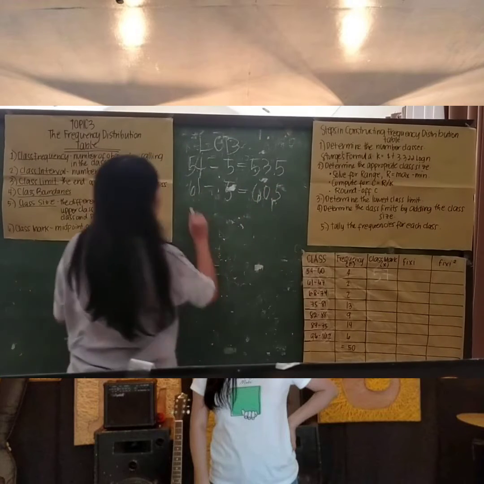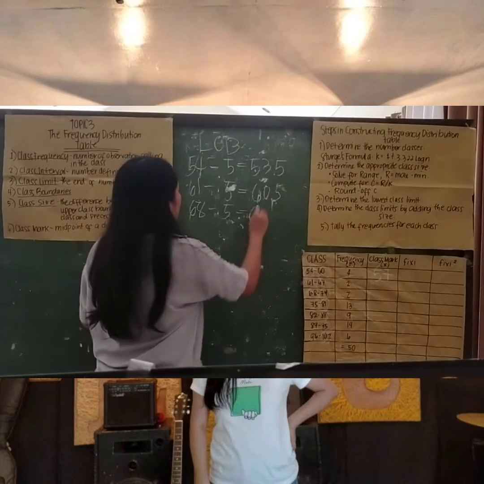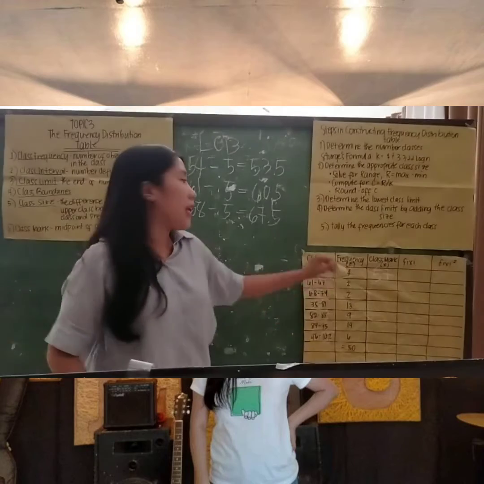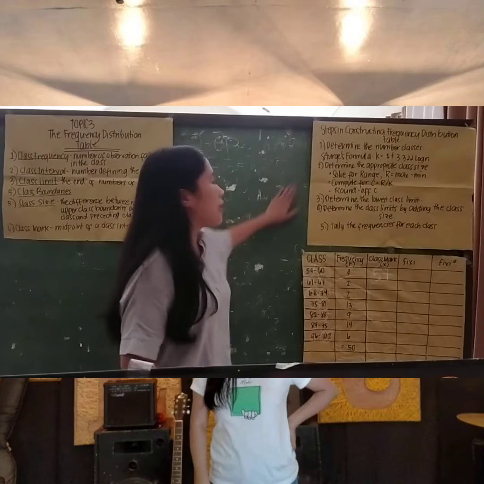And then 68 minus 0.5 becomes 67.5. We do the same for the other class limits.